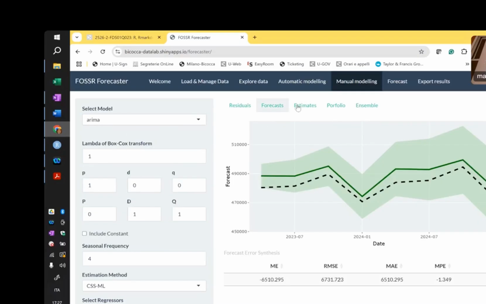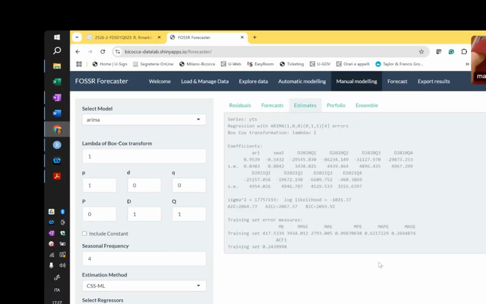But in the estimate, we can see which of these dummies are actually significant. For example, the first quarter of 2020 is of course significant because it was the worst one. So the production went down by 30,000 billions. The second quarter is also significant.